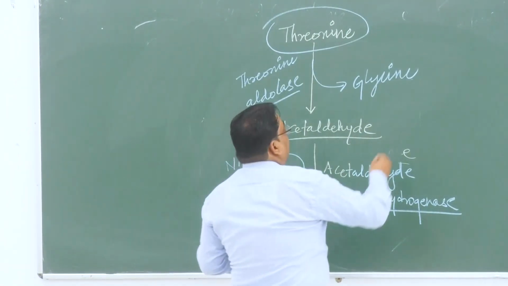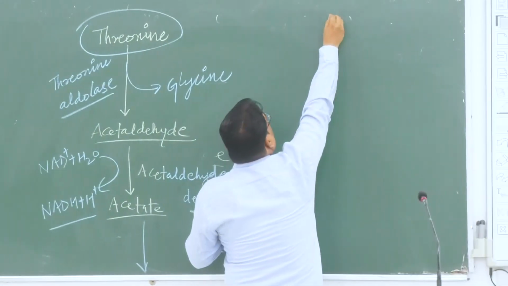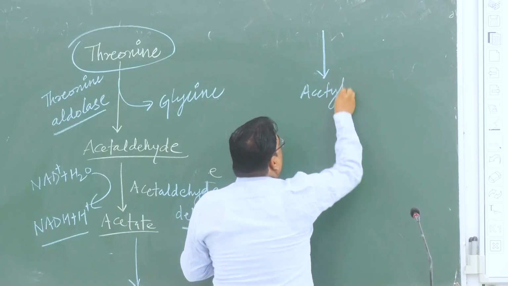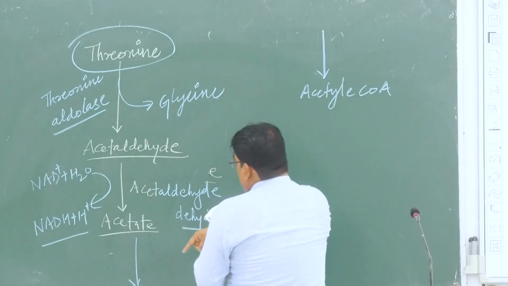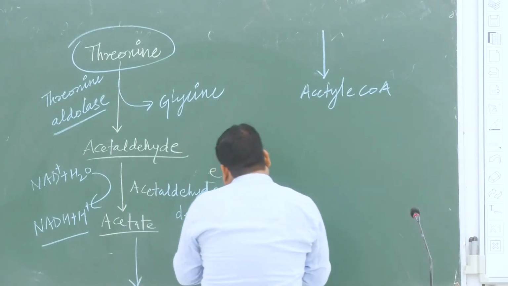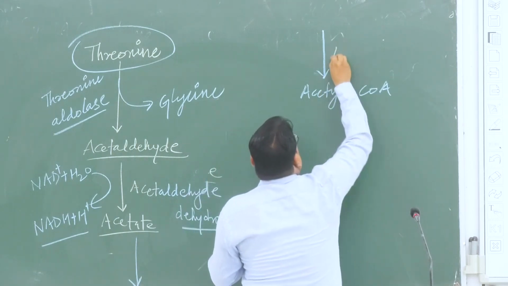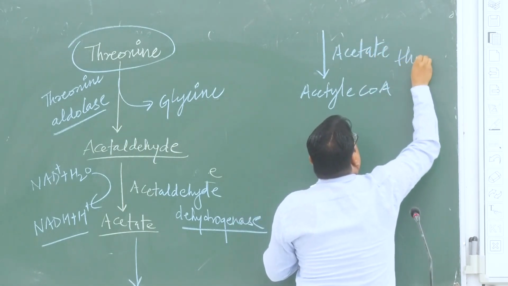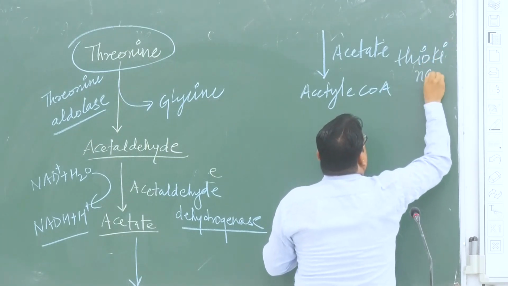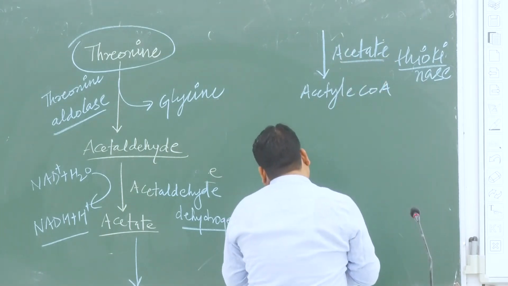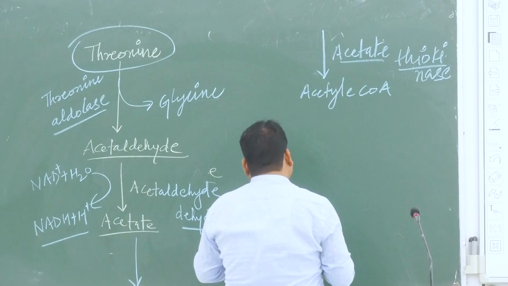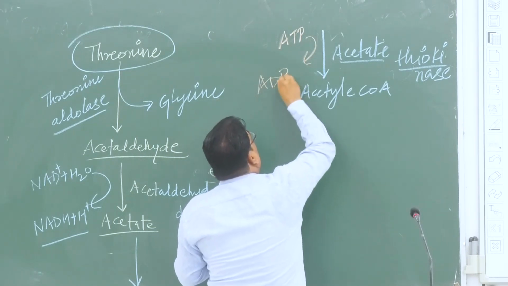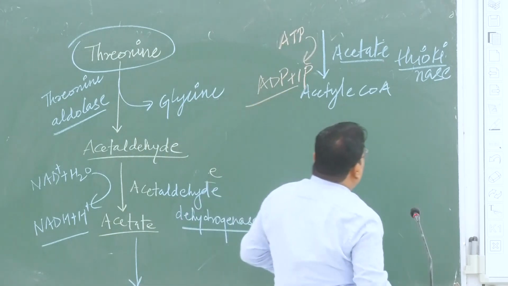Okay, and this acetate is further converted into acetyl CoA by an enzyme, using ADP plus inorganic phosphate.